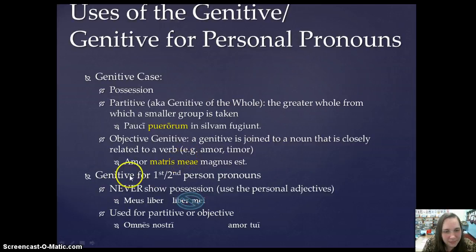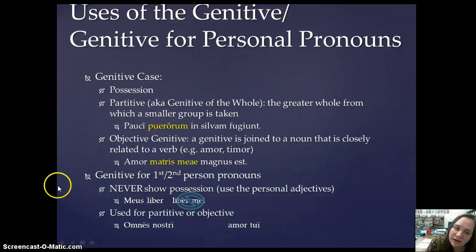So, for example, amor matris meae magnus est. Love for my mother is great, okay? Now, in this example, the matris meae is, of course, our objective genitive, and it's telling us who is receiving the love. Now, of course, love is a noun here, but it's related to a verb, and this is essentially telling us the object, so to say, object, I need two quotes, of the love, so objective genitive.